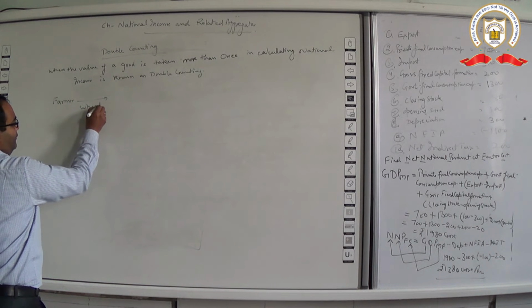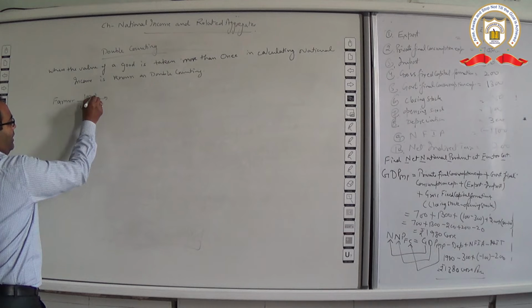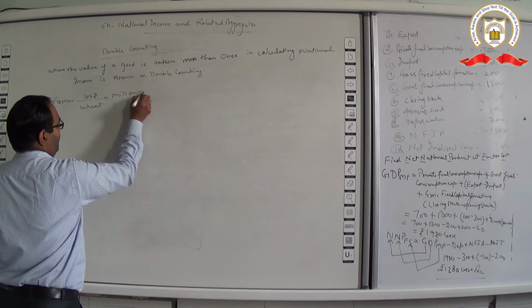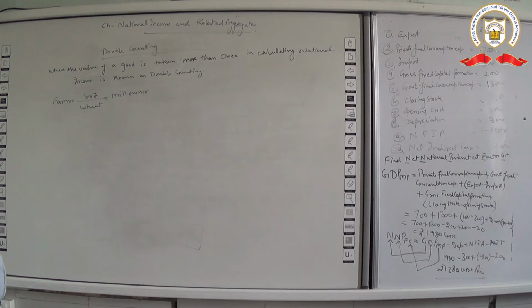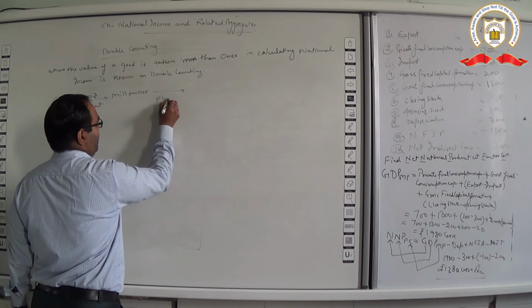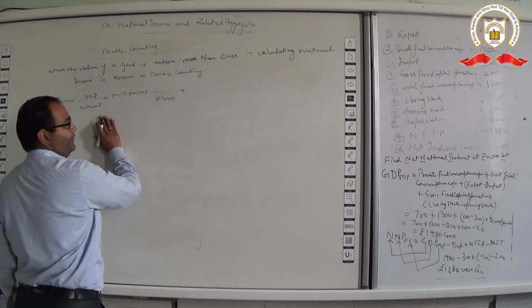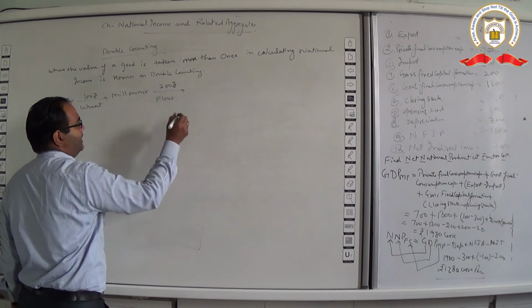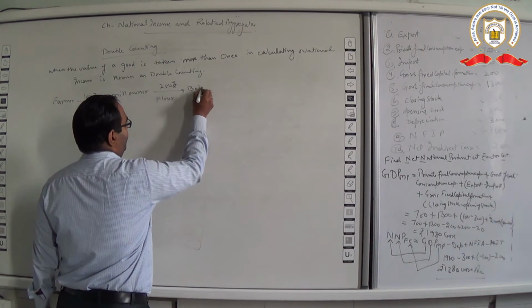produces wheat and sells it for 100 rupees to the mill owner, who produces wheat flour from this wheat and sells it for 200 rupees to the baker.